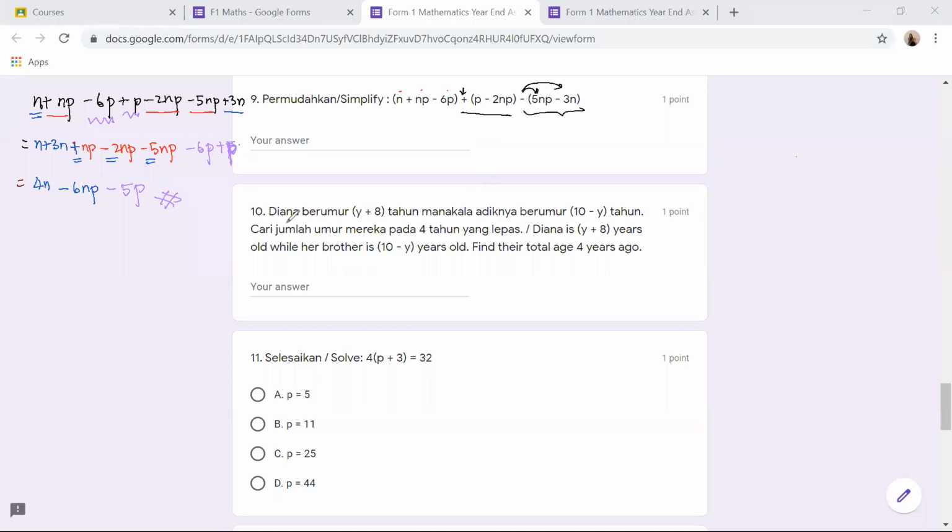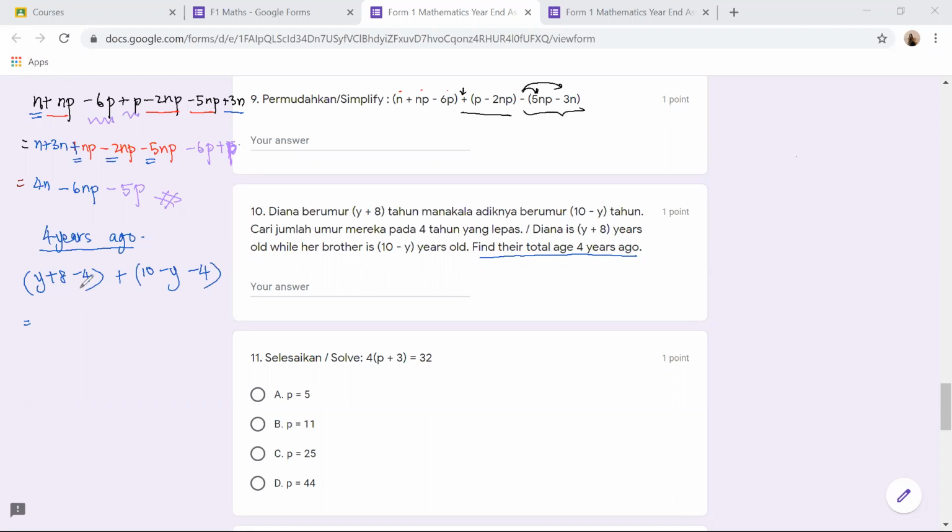Now next, number 10. Diana is y plus 8 years old, while her brother is 10 minus y years old. Find their total age 4 years ago. So 4 years ago, their age will be y plus 8 minus 4 plus 10 minus y minus 4.